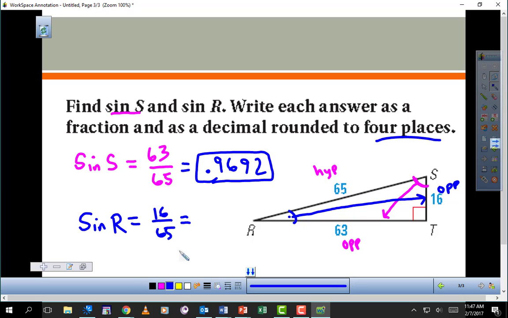And then if you do this one, sine of R, 16 over 65, we get 0.2462. Pretty easy stuff, right?